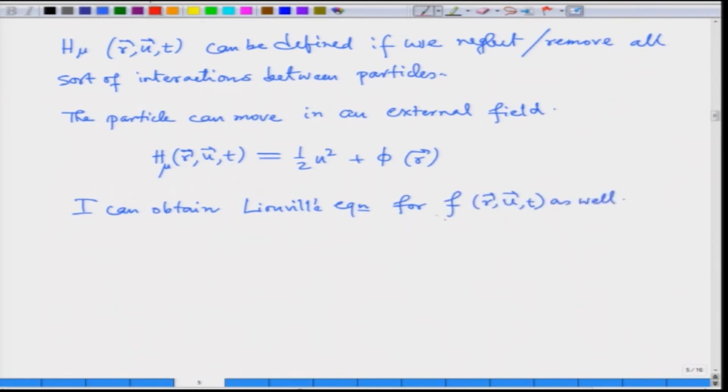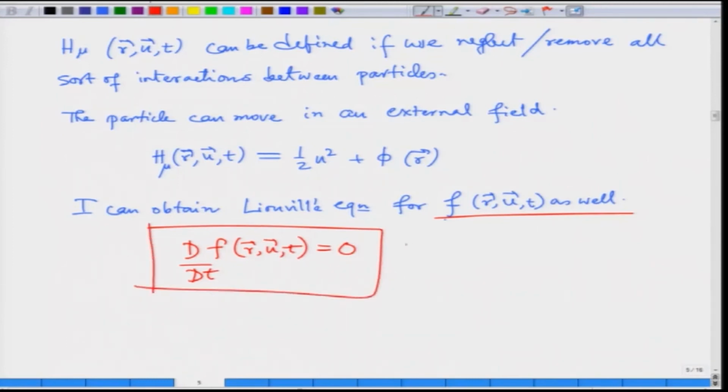And that is a very important message. So, you can say df/dt of f(r,u,t) is equal to 0 only for non-interacting systems or non-interacting particles. So, if your df/dt is equal to 0, then what is the meaning of the corresponding d/dt?